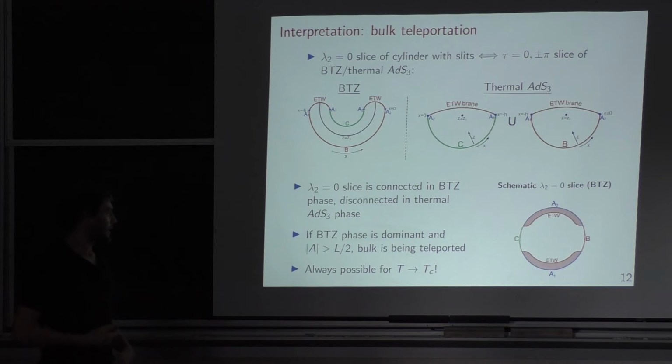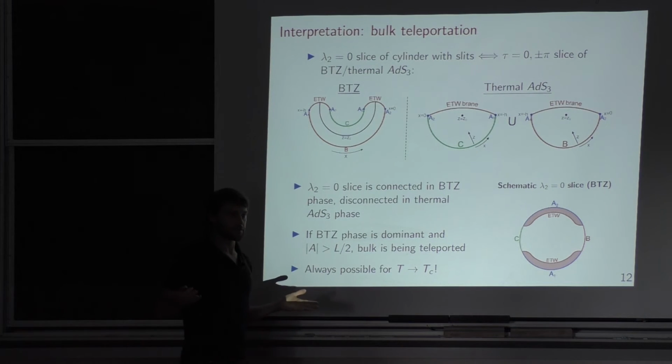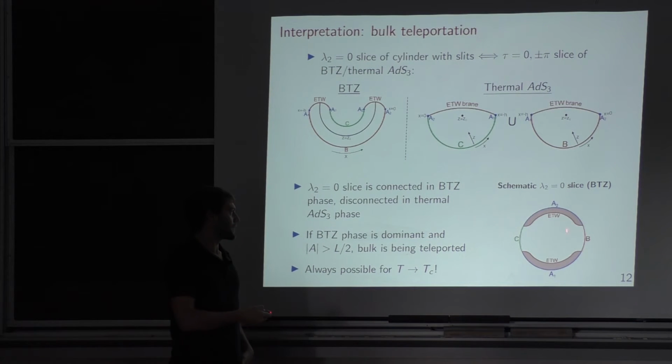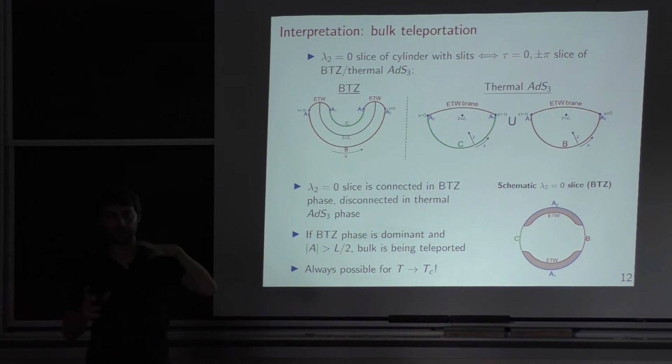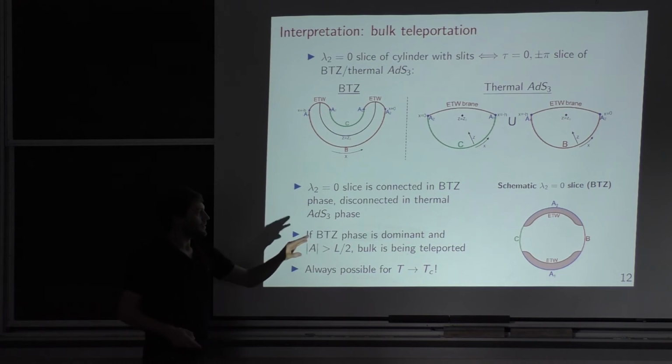And we just saw that as long as the boundary entropy of the state you project on, so the tension of the brane, is large enough, it's always possible to be in the BTZ phase, even for a very, very large measured region A. And so this means that from this bulk point of view, bulk teleportation is clearly happening because you're measuring this very large region and teleporting the bulk information into the complementary region A^C. Now, why this is exactly quantum teleportation will become very clear in tensor networks. But from a bulk point of view, this is the guess that you could have.